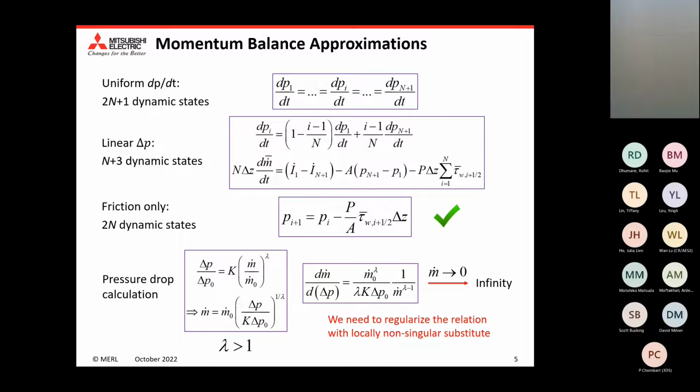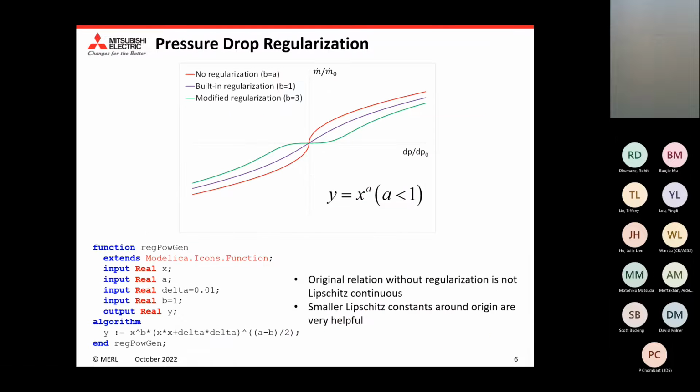The remedy is to regularize the relation with a non-singular substitute around the origin. Actually, in Modelica there is a built-in power function that does the regularization for the case I talked about.